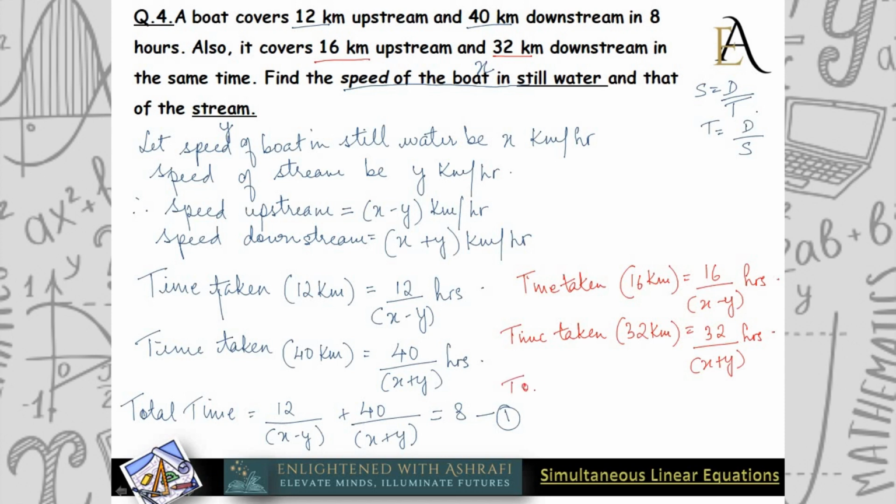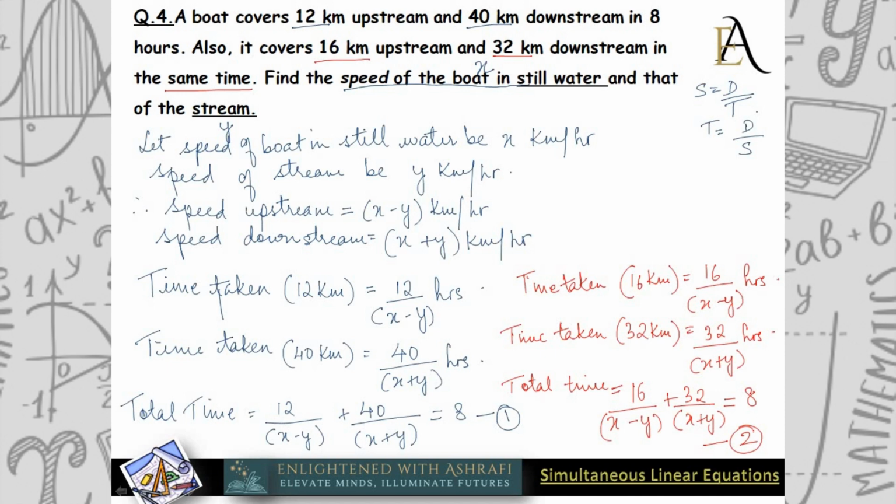Again total time over here is equal to 16 upon x minus y plus 32 upon x plus y, which is equal to 8. Why 8? It says in the same time. So this is our equation 2.